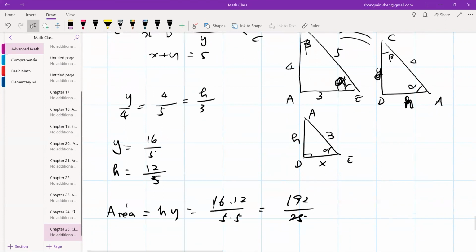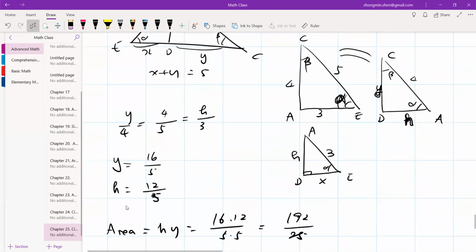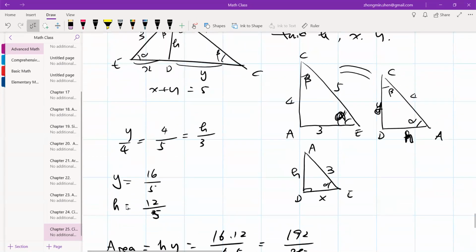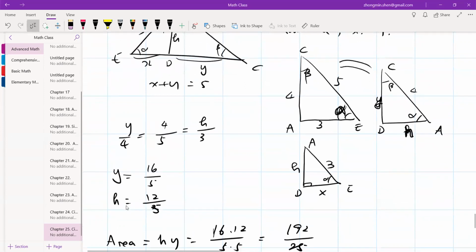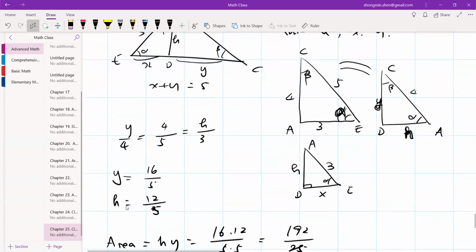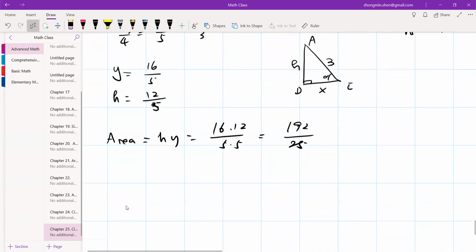Using similar triangles is the best quick way to do it, but otherwise it's a little more complicated. If you find H, you have to use the Pythagorean theorem to find Y. How do you find H, if this is 3, here's 4, this is 5?